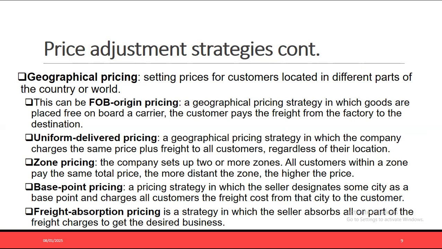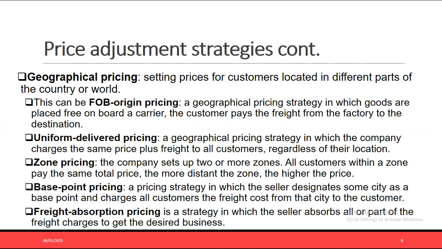What this means is that the customer pays the freight from the factory to the destination. So if you are the manufacturer in another country, once you package your product and you are paid, that is it. The customer pays for everything from your premises, pays the freight charges, everything until it gets to the destination.